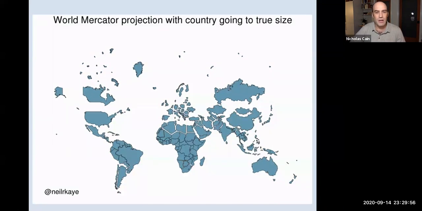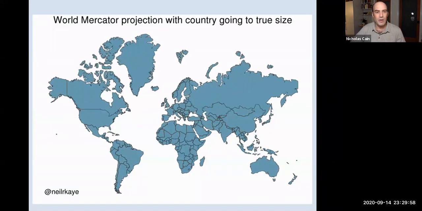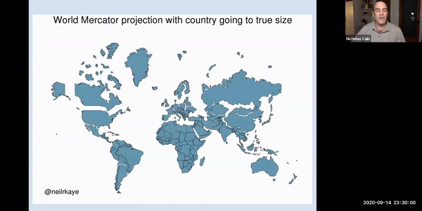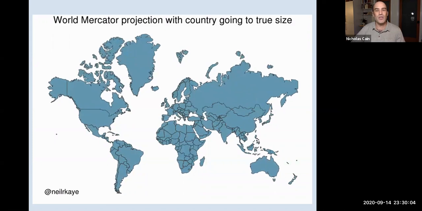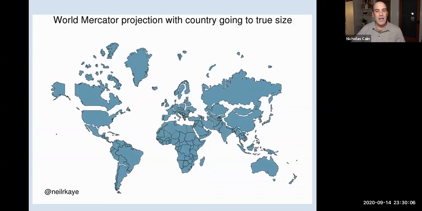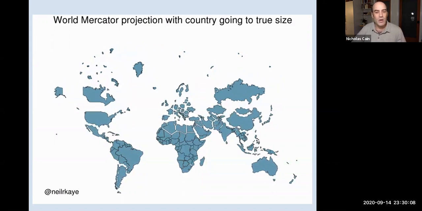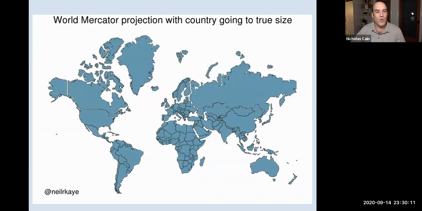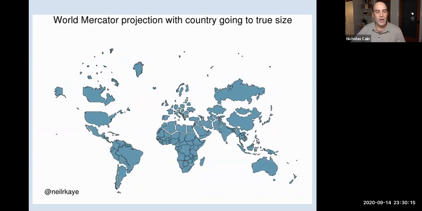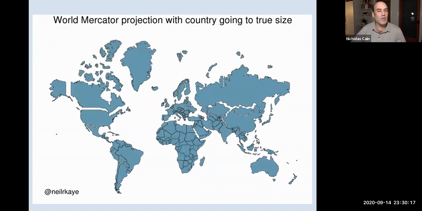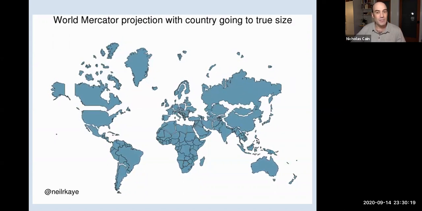This image, this little GIF, makes it clearer, okay? So it's starting with a Mercator projection, and then it's resizing the countries to their true size. And as you can see, countries that are in continents that are close to the equator, like Africa and Mexico and part of South America, actually pretty much stay the same size, right?